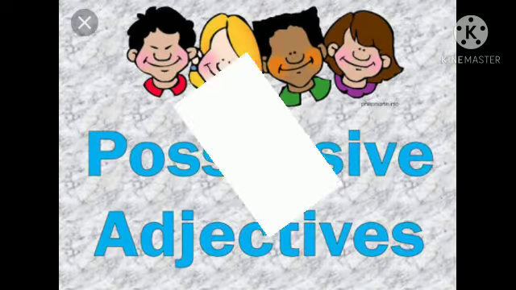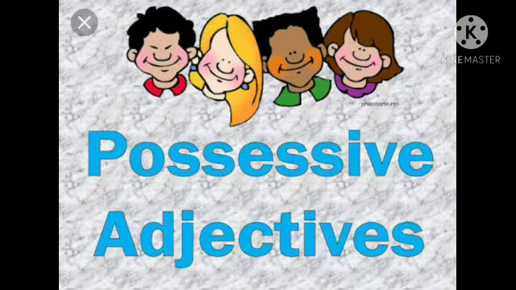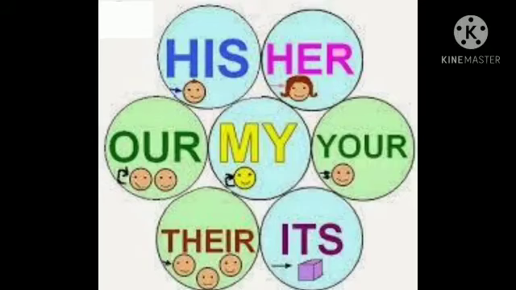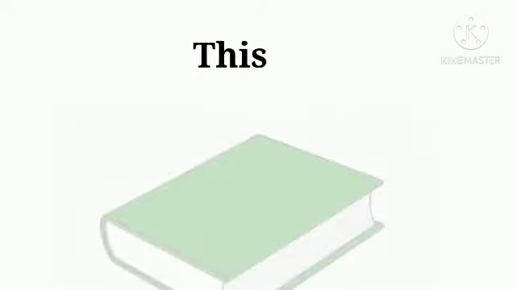Seventh, possessive adjectives. Possessive adjectives show possession. Some of the most common possessive adjectives include my, his, her, their, your, are. For example, this is my book.